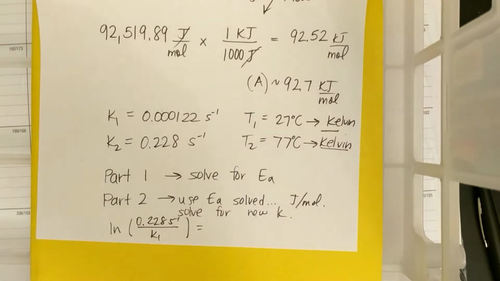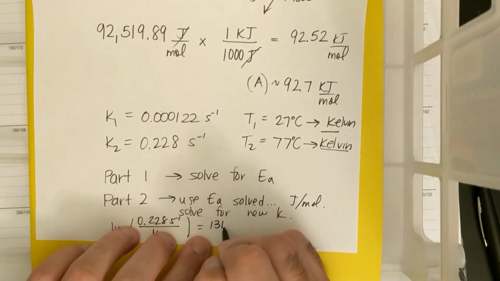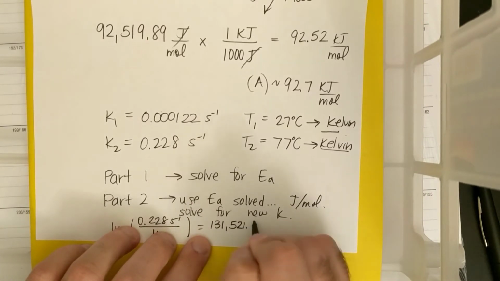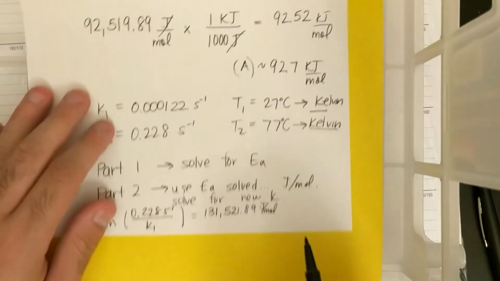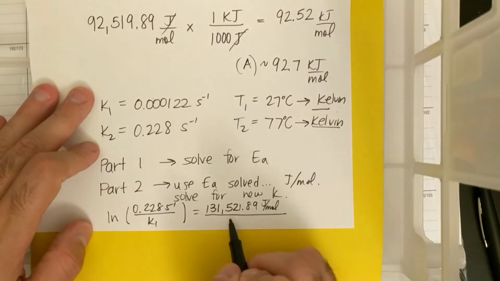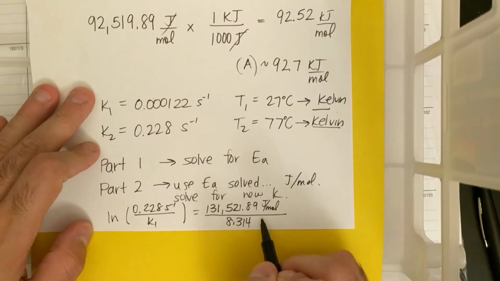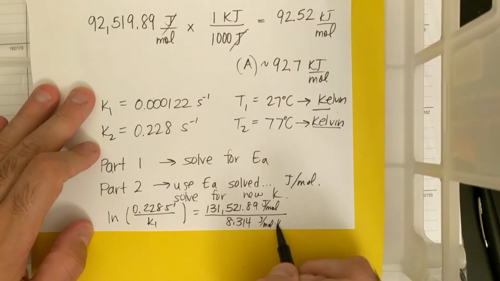And if you want to check your work, and I'm going to share my answer key, the EA that you should have got for this was 131,521.89 joules per mole. That's what you should have got for question number 20, divided by 8.314 joules per mole Kelvin.